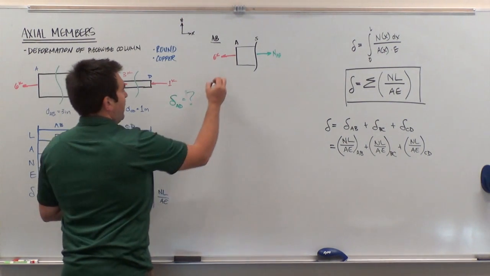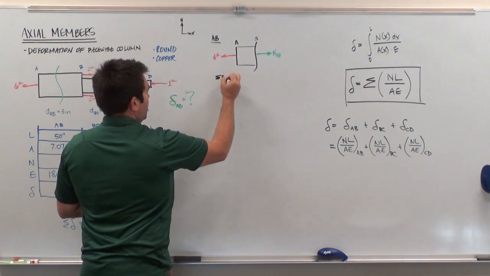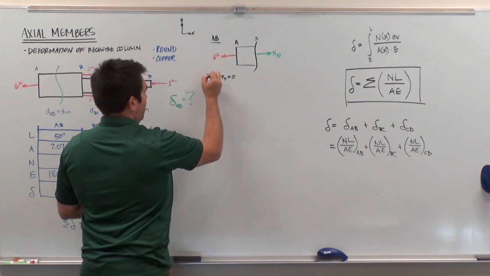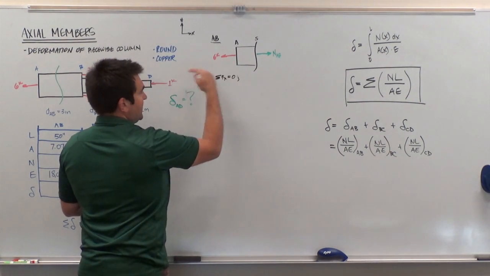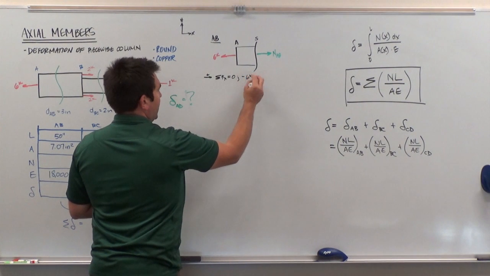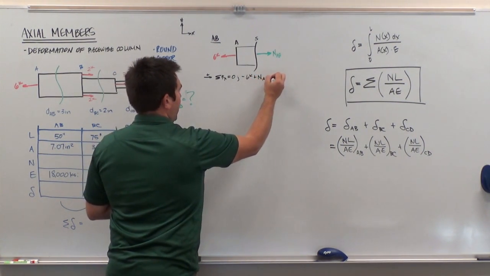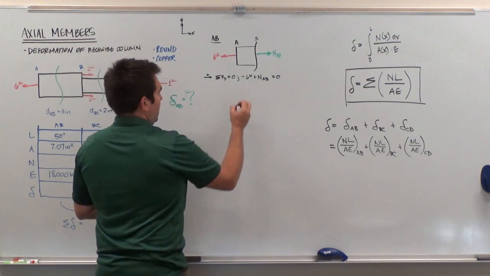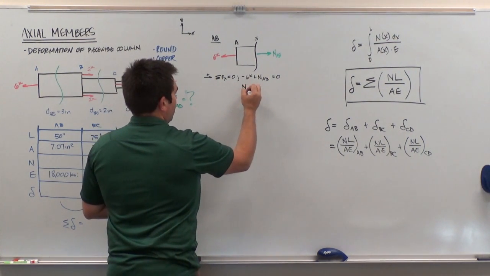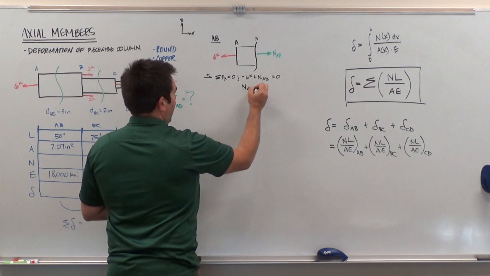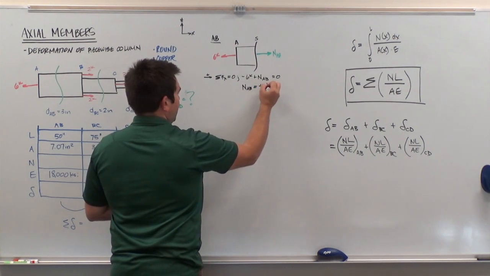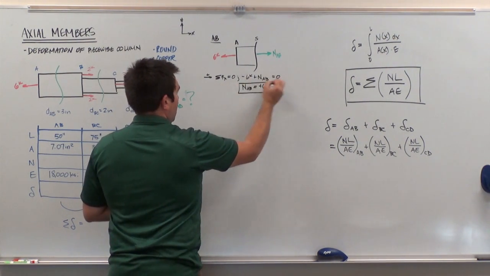I'll draw that right there. Now if I sum the forces in the x equal to 0, I get 6 to the left, which is minus 6 kips, plus N, because it's going to the right, equals 0. Rearranging that, the internal normal force between points A and B is equal to positive 6 kips.